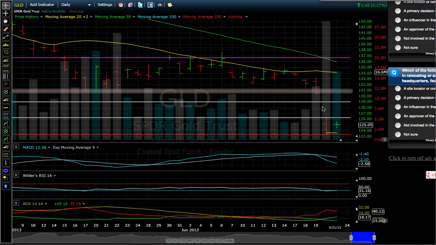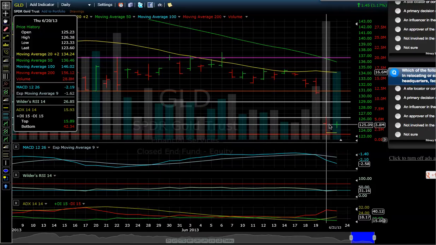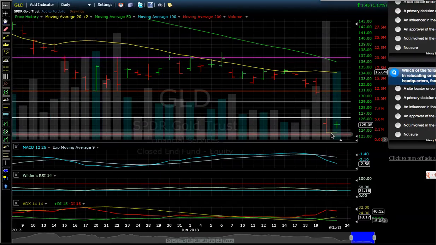And because I'm swing trading, if I buy in at this level, 125.03, and the stock happens to retrace back to this level, I would add more, because long term the stock is going to eventually fill this gap.